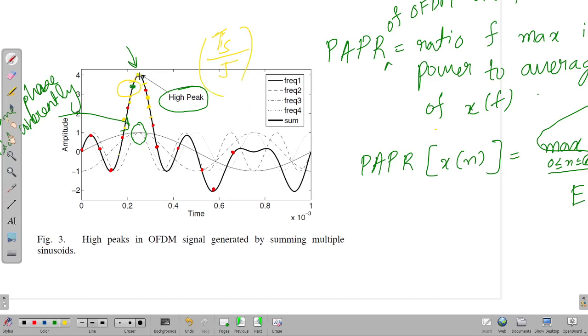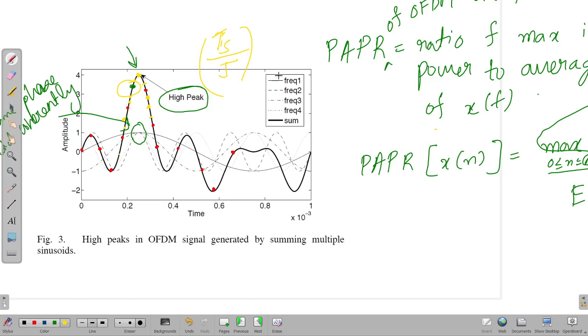So you missed out this point because the sampling time was more. Let's say that I have a reduced sampling time, Ts divided by j. Earlier it was Ts and now the sampling time has reduced, Ts divided by j. So that you have more number of samples now.